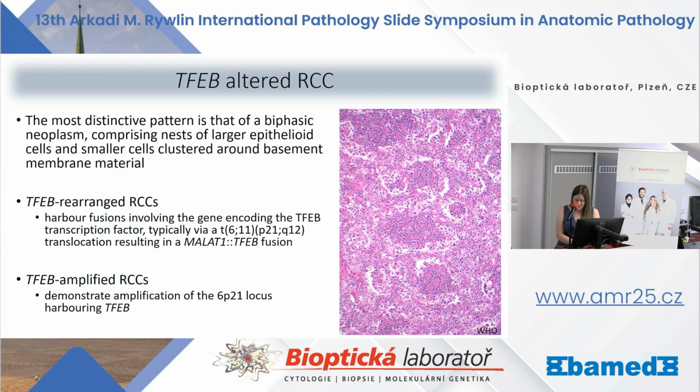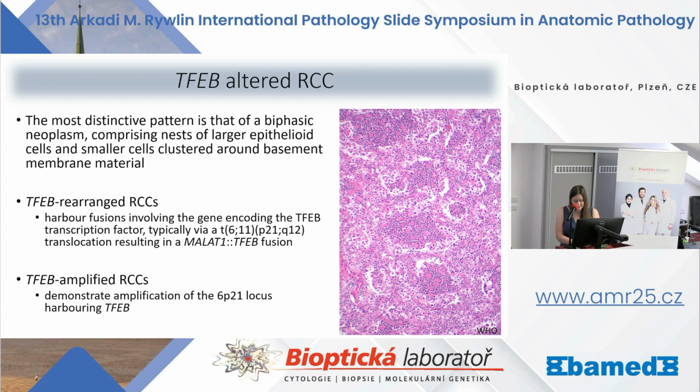You should know that TFEB amplified renal cell carcinoma is included in the umbrella category of TFEB altered renal cell carcinoma. TFEB altered renal cell carcinoma distinguishes two entities. It is TFEB rearranged renal cell carcinoma, which harbors a fusion involving the gene encoding TFEB and usually MALAT1.